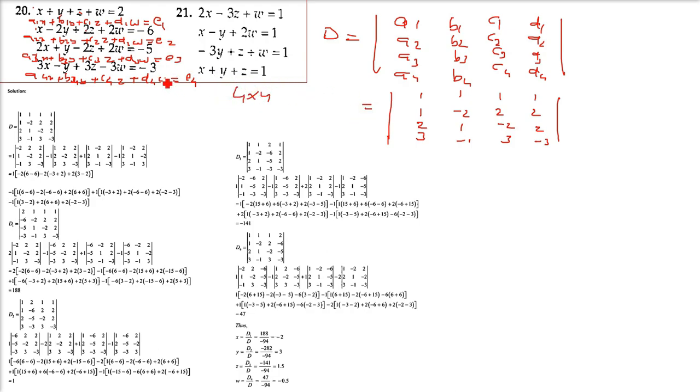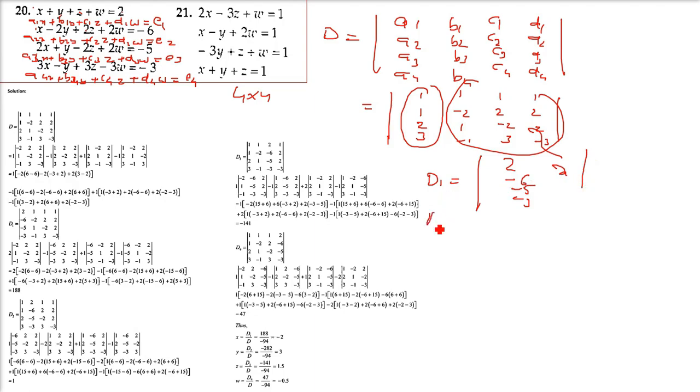For D1, D2, D3, D4, for D1 we have to replace the first column by E1. So 1, 1, 2, 3 has to be replaced by 2, minus 6, minus 5, minus 3. The rest will remain the same. D2, the second column is going to be replaced by 2, minus 6, minus 5, minus 3.